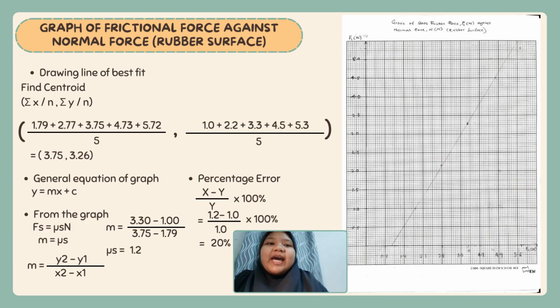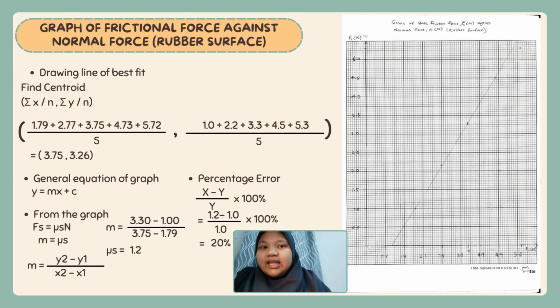Now, if you compare this equation with the general equation of a straight line graph, we can see that the y is actually the frictional force. This is true, as we can see on our graph, the y-axis is the frictional force. And then the x is the normal force. This is also correct, as you can see on our x-axis, it's the normal force.